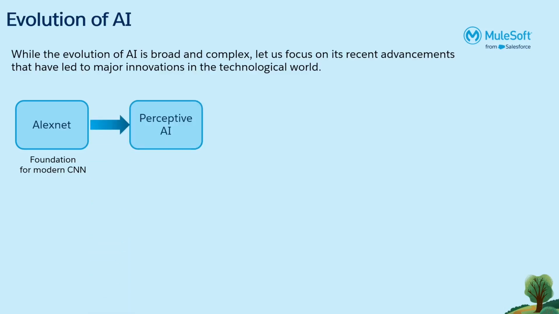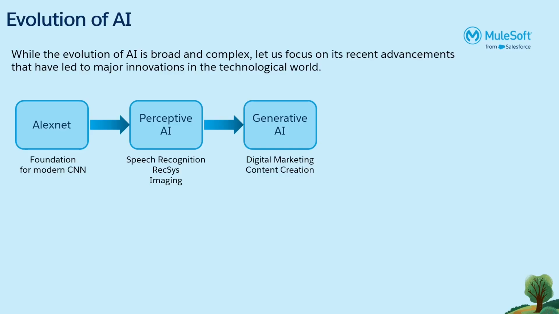And then it paved the way for perceptive AI to develop further in speech recognition, recommendation systems, and imaging systems. And then in 2018, Google released the transformer model and the generative AI phase began, wherein digital marketing and content creation got a boost.